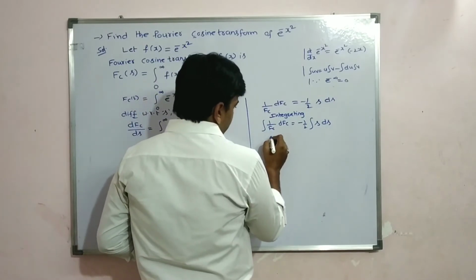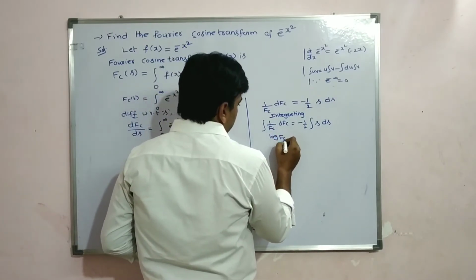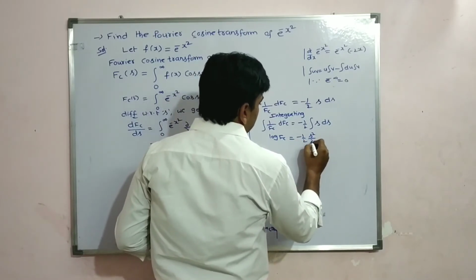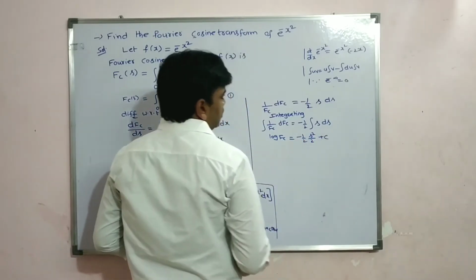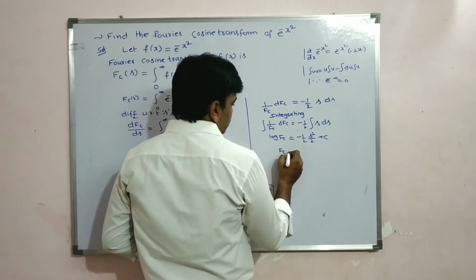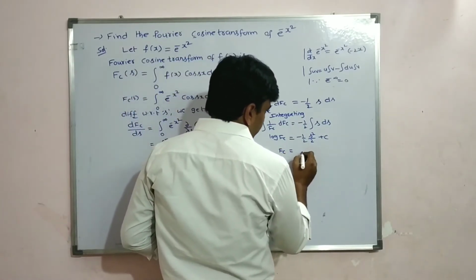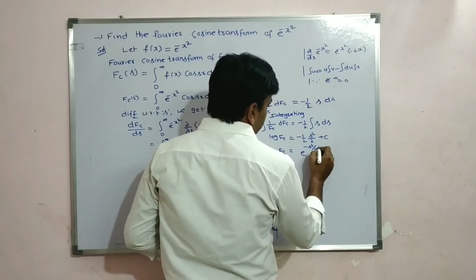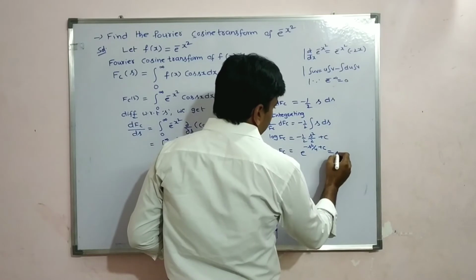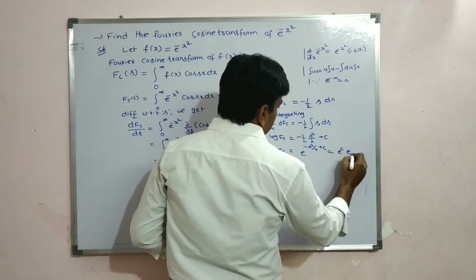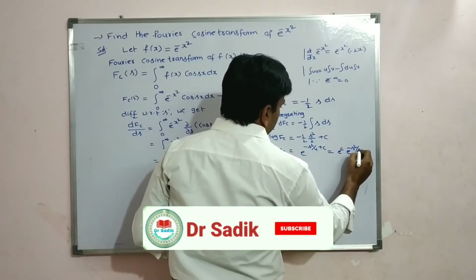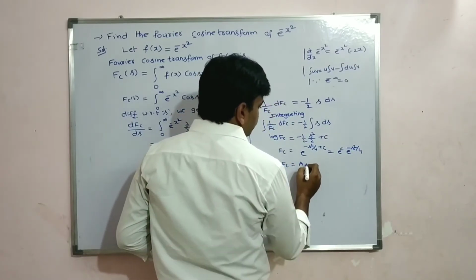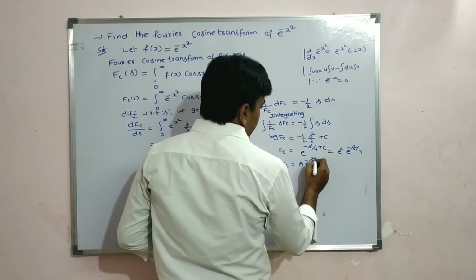So log Fc is equal to minus 1 by 2 times s square by 2, plus c. So Fc is equal to e power minus s square by 4 plus c. This can be written as e power c into e power minus s square by 4. So Fc is equal to A into e power minus s square by 4.